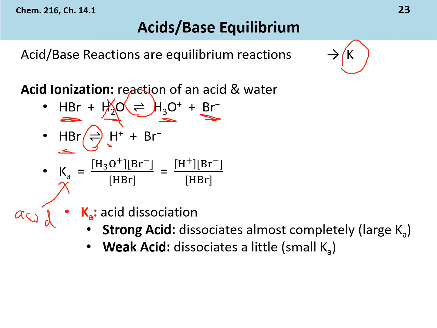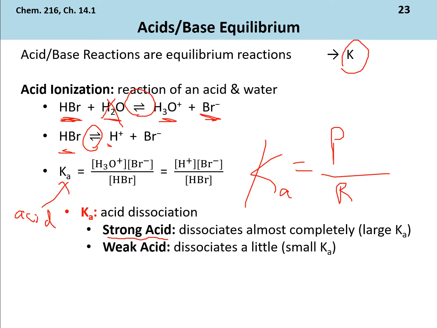Now, the bigger Ka is, remember it's products over reactants, so the bigger Ka is, the more products I get. That's what we call a strong acid.